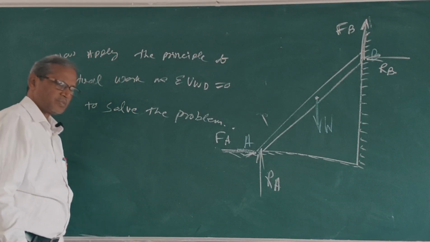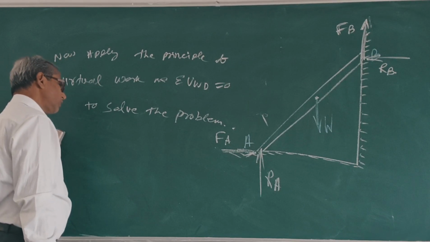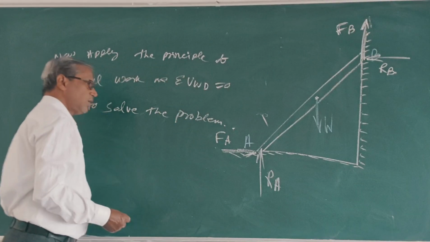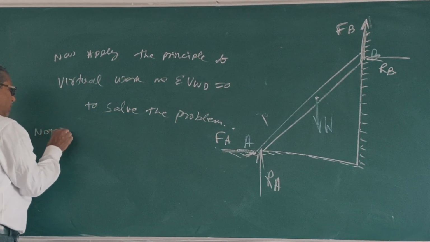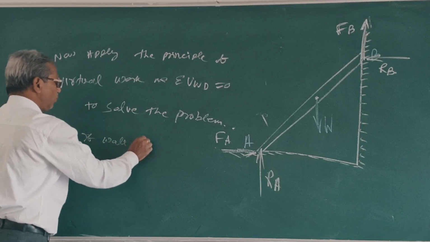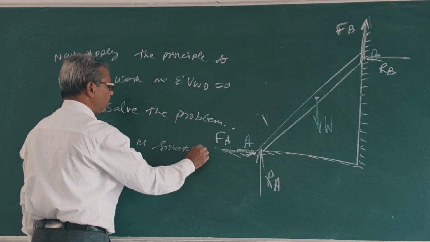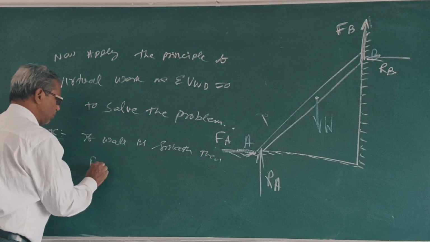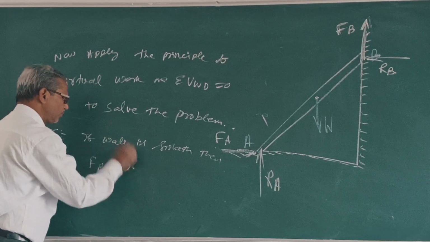Now, note: if the wall is smooth, then FB is equal to 0. No friction. Clear?